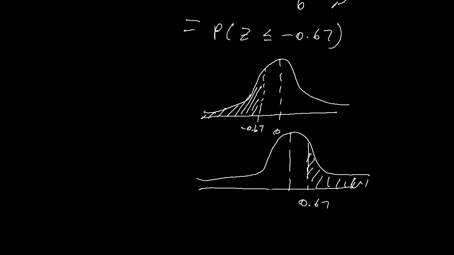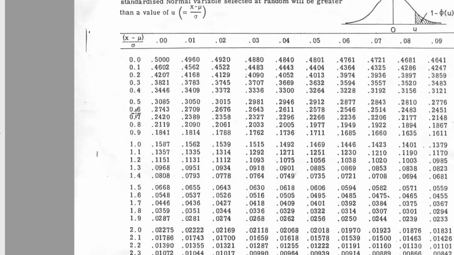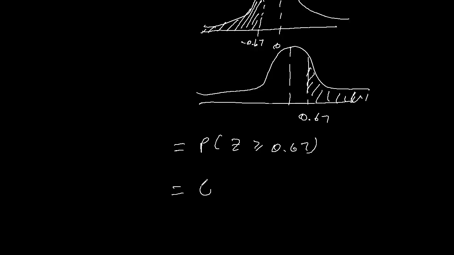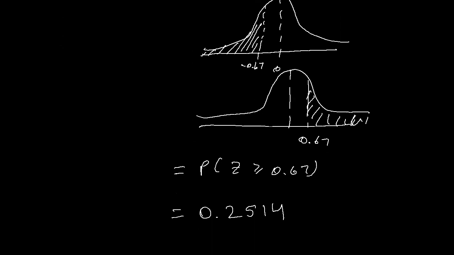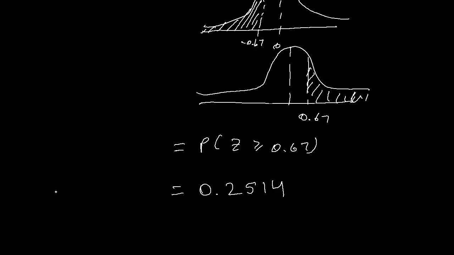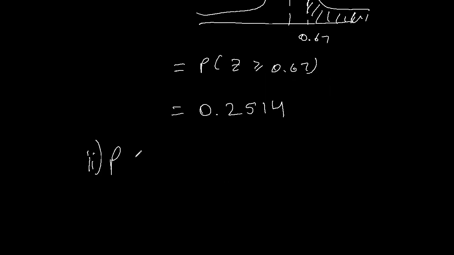So therefore P of z less than negative 0.67 is exactly equal to P of z greater than positive 0.67. And look for 0.6, which is right here, and drive all the way across to 0.67, which is 0.2514, and that's my answer, 0.2514. So the probability that x is less than 20 is equal to 0.2514.